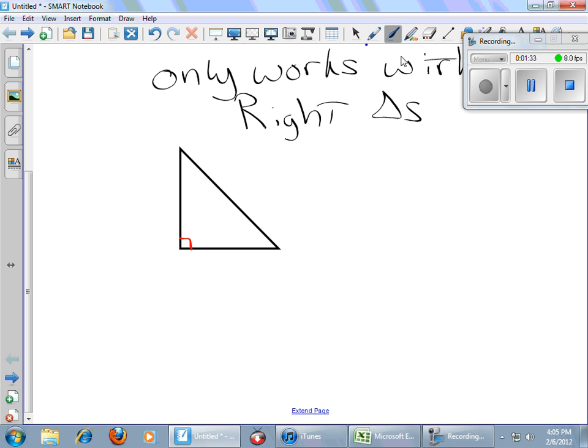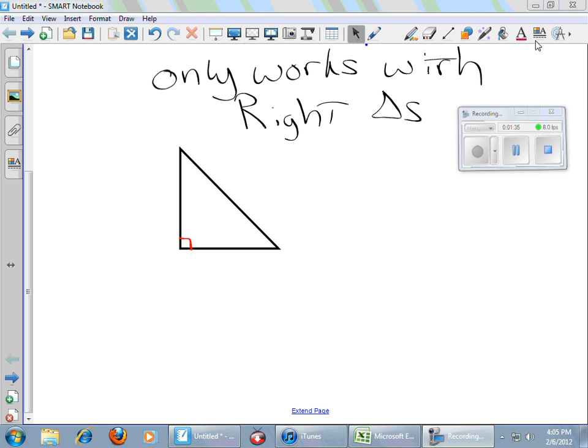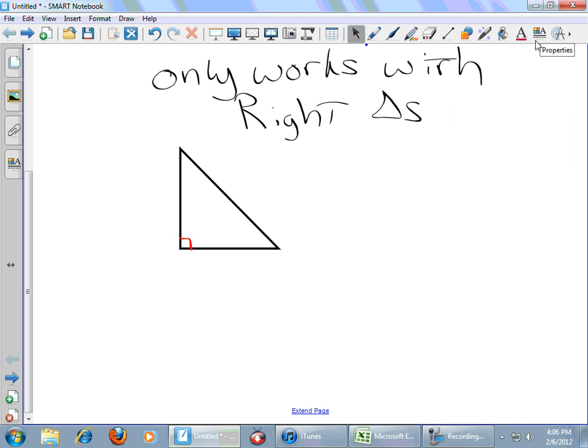All right. If you know the sides of the right triangle, at least two of the sides, you can figure out the third side. Okay, so for example, if you knew that this was 5 and this was 6, let's say inches, I could use the Pythagorean theorem to figure out this side right here.